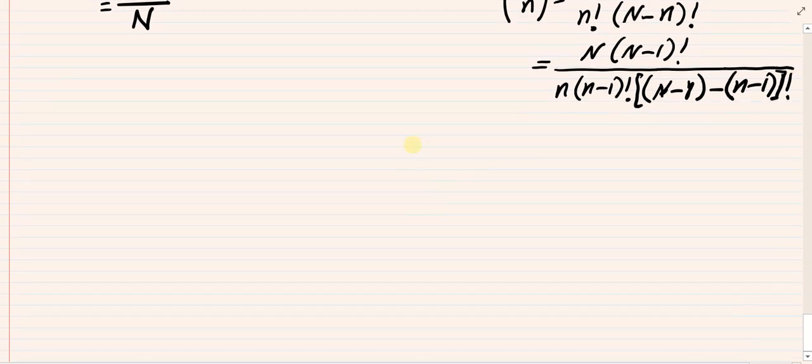Why do we want to do that? Because now I can pull out a capital N and a little n, and the remaining expression is indeed a rewrite of N minus 1 choose n minus 1. So that's what that is.